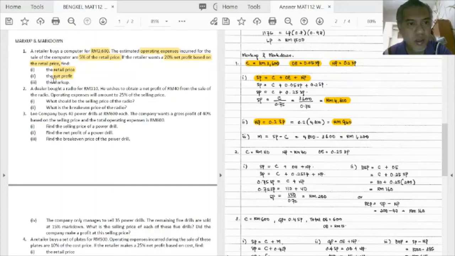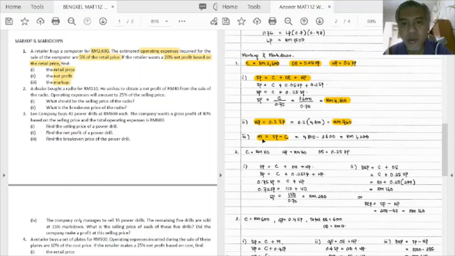The last part asks you to find the markup. Markup can be found by simply taking the difference between the selling price and the cost. Another way is by taking the sum of OE and NP, which gives 0.25 SP. If you multiply 0.25 with 4800, you also get the markup.